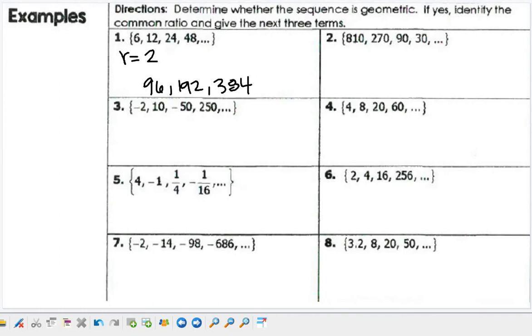Then it becomes a little clearer. 270 divided by 3 is 90. 90 divided by 3 is 30. So it is geometric, and that common ratio is 1 over 3. So we're multiplying by 1/3. Then 30 divided by 3 is 10. 10 divided by 3 is 10/3. And then divide by 3 again, or multiply by 1/3, gives me 10/9.